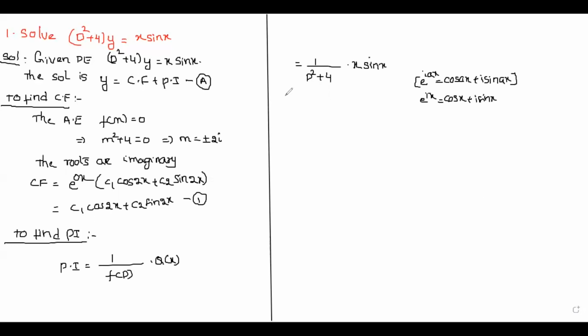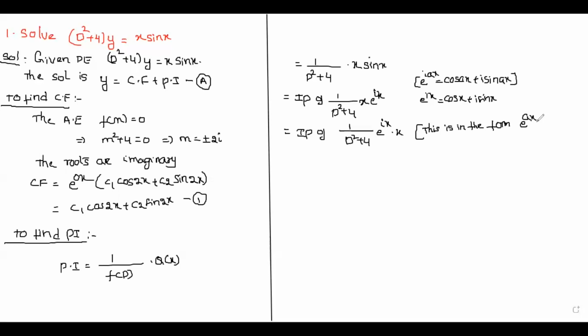So here I am replacing this as the imaginary part of 1 by D square plus 4 into x into e power ix. So this is nothing but the imaginary part of 1 by D square plus 4 into e power ix into x. Now this is in the form of e power ax into v.